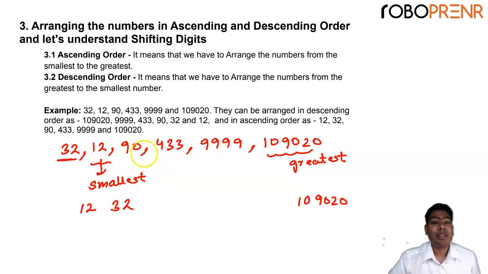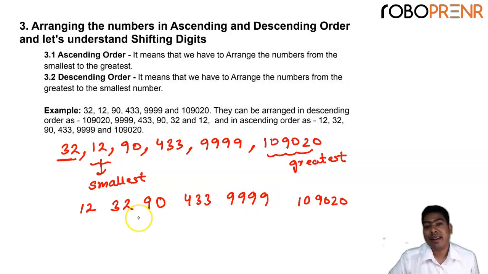Then after 32, 90 is the smallest. Then after 90, 433 is the smallest. And after 433, we are left with only 999. In this way, we arrange the numbers in ascending order.